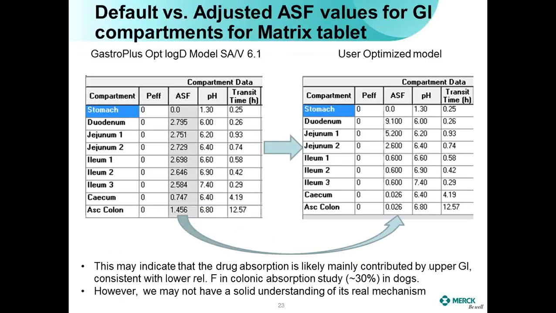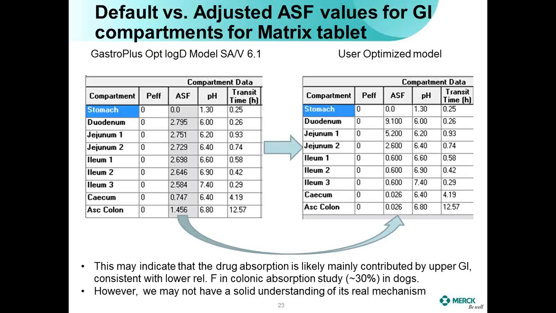Again, this is also showing how to adjust the ASF values for fitting the pharmacokinetic profile. If you remember, GastroPlus has a default physiological profile in its gut physiological tab, which is the GastroPlus OPT logD model SA V6.1.